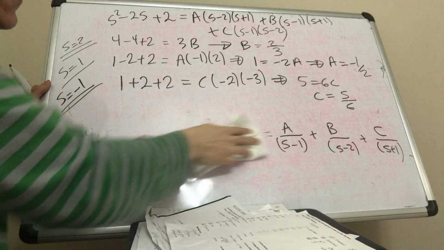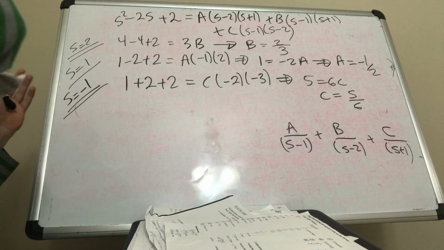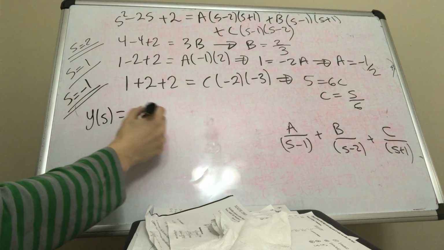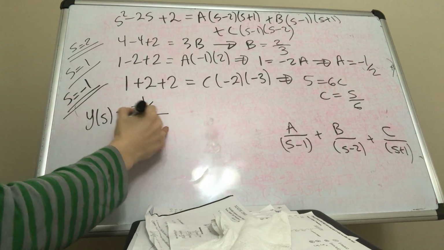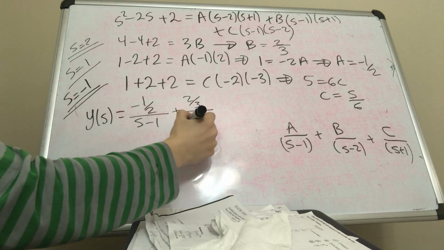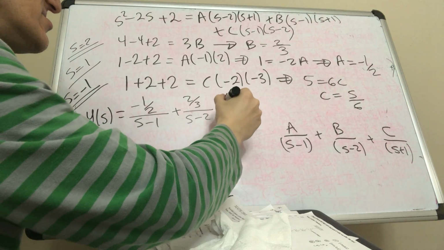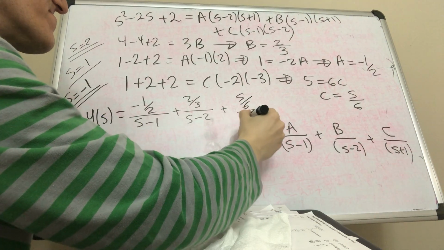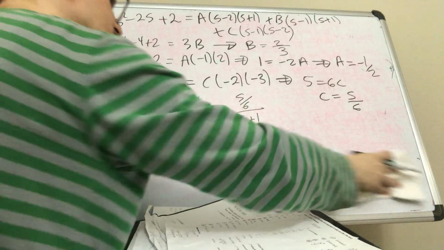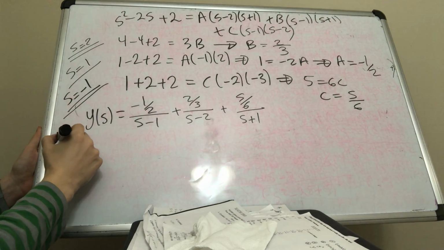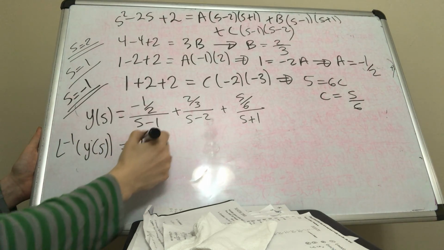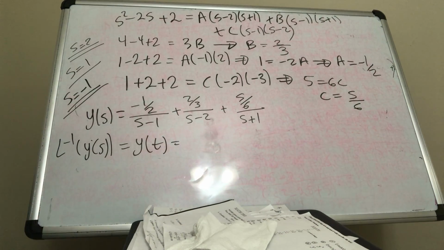So at this point, I know that my y of s has A is minus half, B is 2/3, and C is 5 over 6. We can do the inverse Laplace transformation that will lead us to the function.